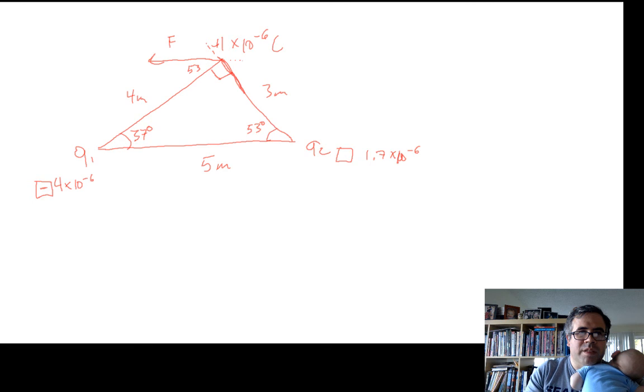So let's see. If we're talking this is our force, the actual attractive force between Q1 and Q2. Between Q1 and Q3 in the y direction.